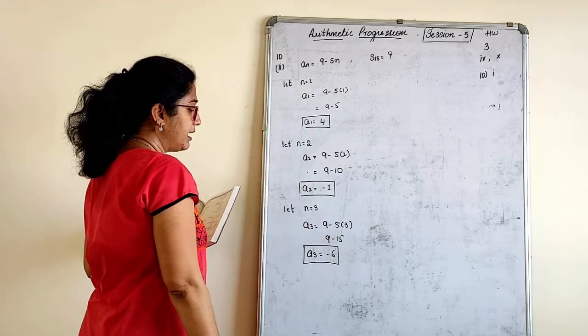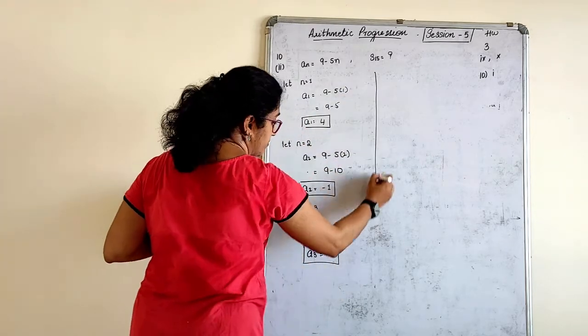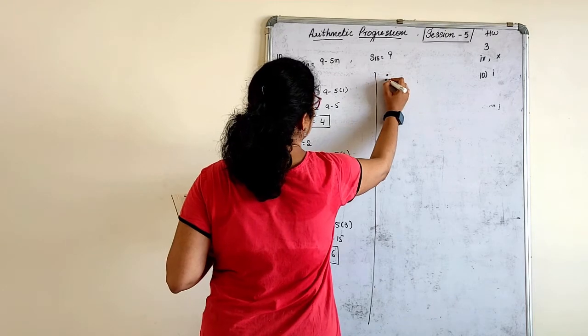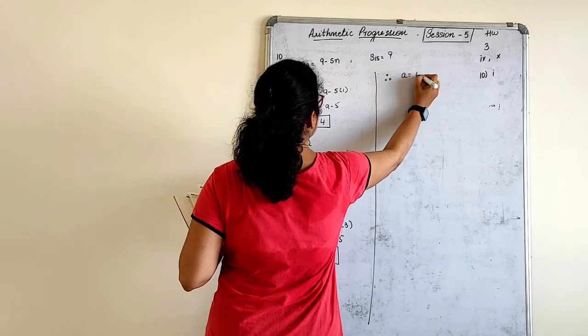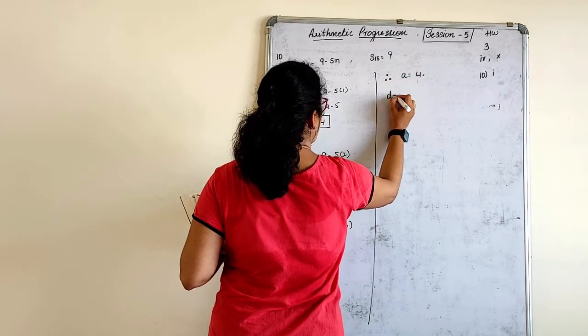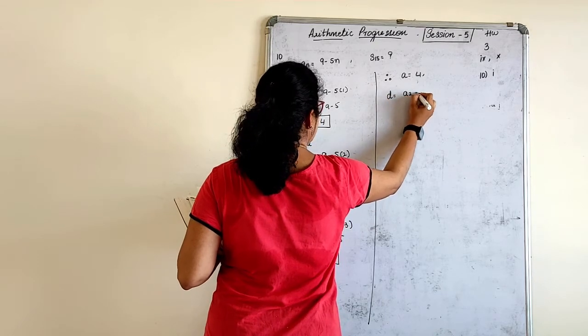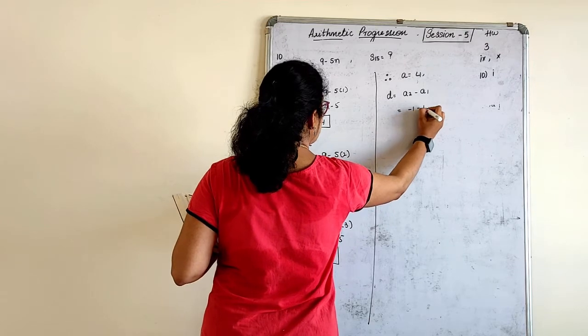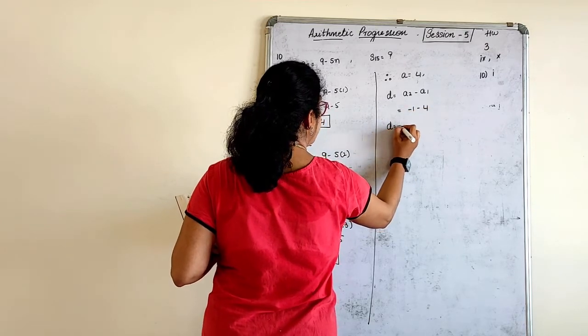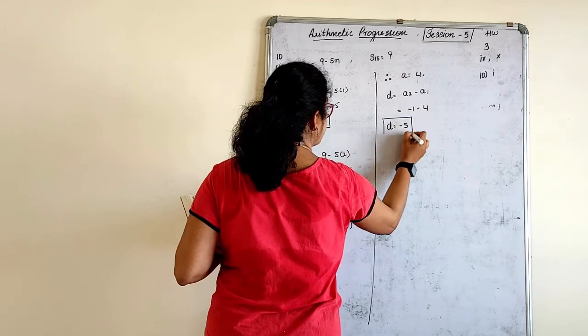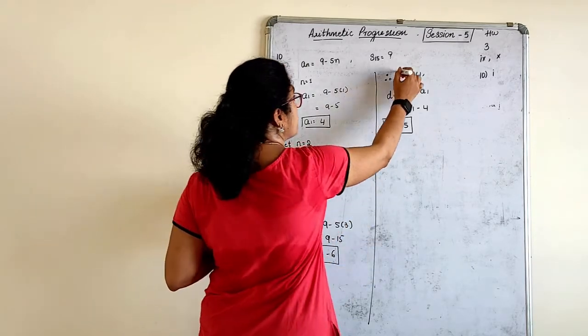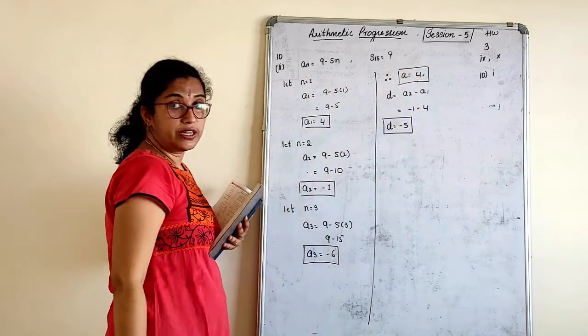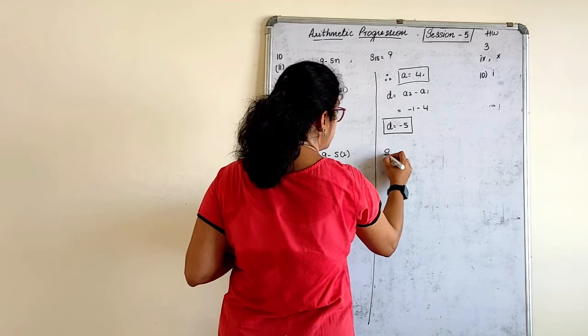Now I know a1, a2 and a3. Therefore, the first term is 4. Common difference is a2 minus a1. What is a2? Minus 1 minus 4. Common difference is minus 5. Shall we find the S15 now?